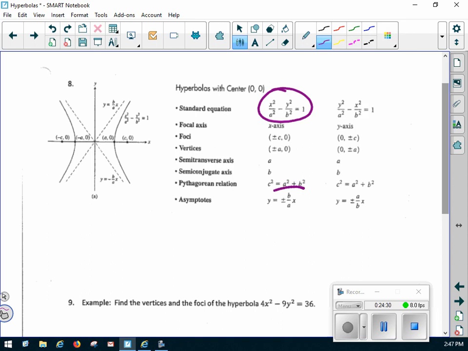And look at the equation of your asymptotes. It's plus or minus b over a times x. Now, I can go through more explanation if you need it, but we're pushing it to get through this. If your branches open up and down, you lead with y, and your asymptotes are plus or minus a over b times x.